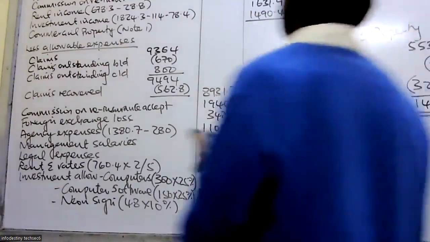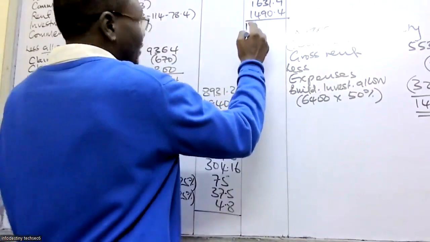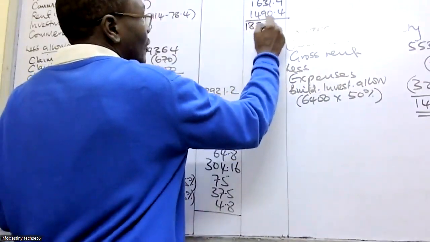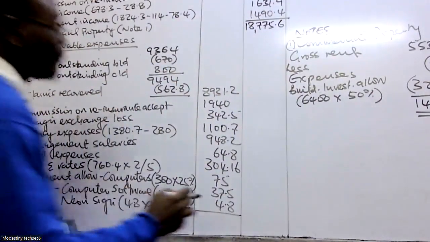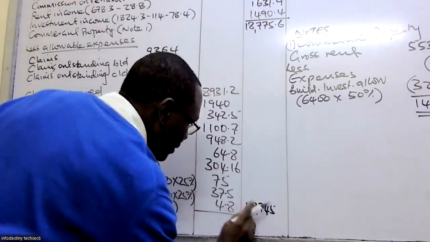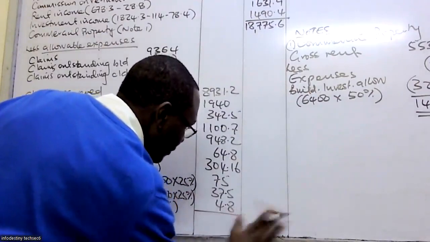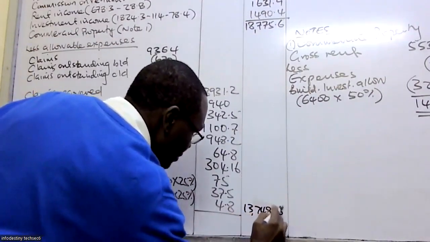This is 18,775.6. Allowable expenses are how much? 13,748.86. We subtract that.